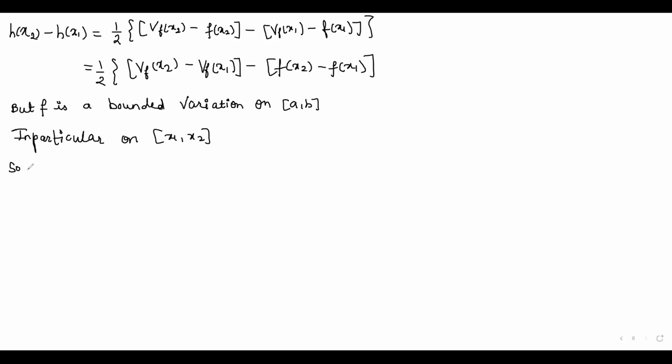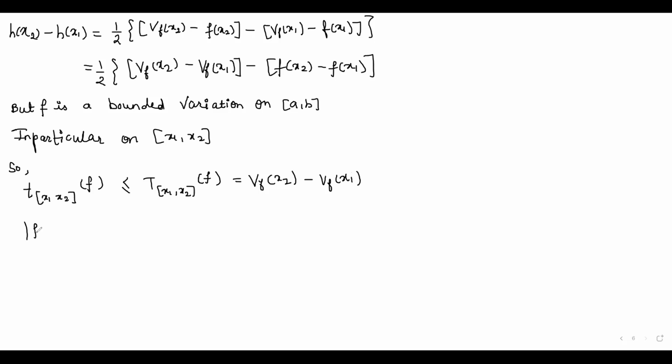So therefore we have total variation over the closed interval x1 x2 of the function f less than or equals to the total variation over the interval x1 x2 of f equals to vf, that is variation of x2 minus variation over x1.